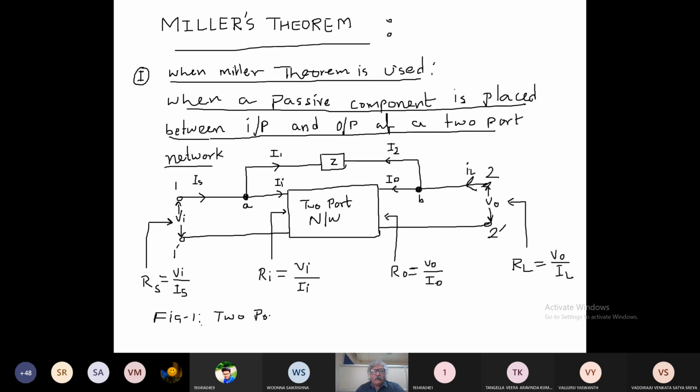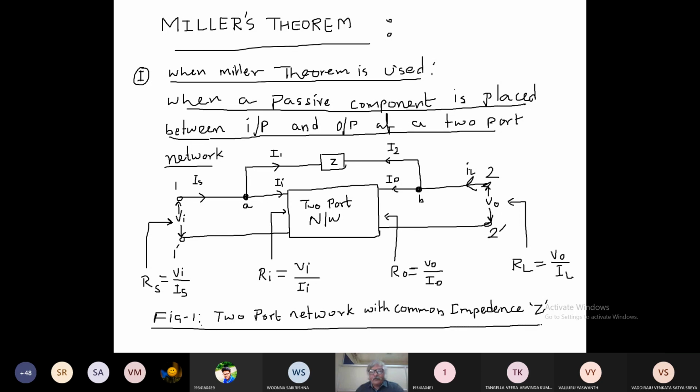Two-port network with common impedance Z.